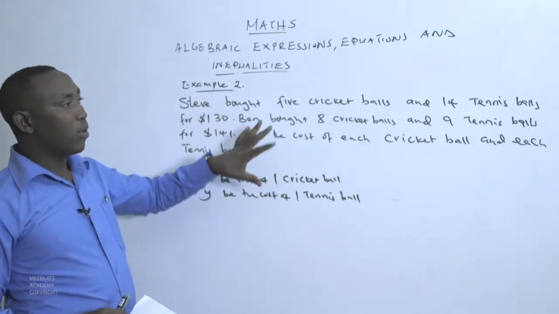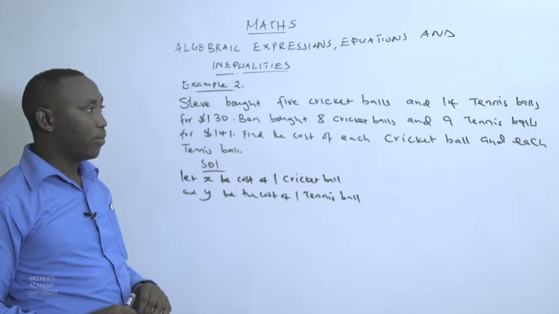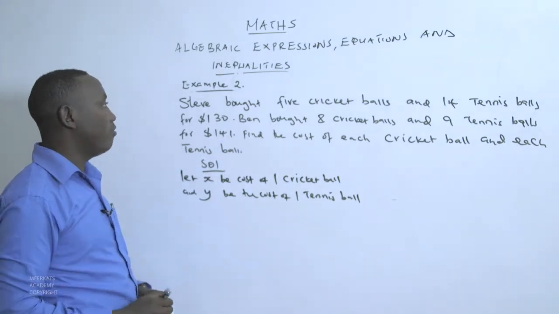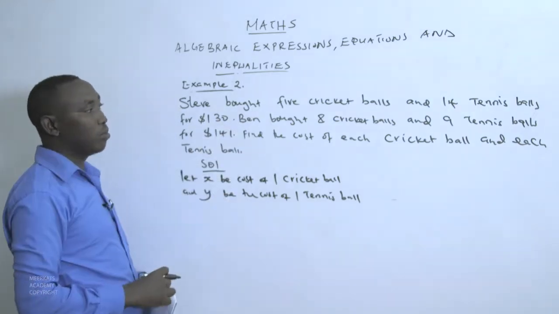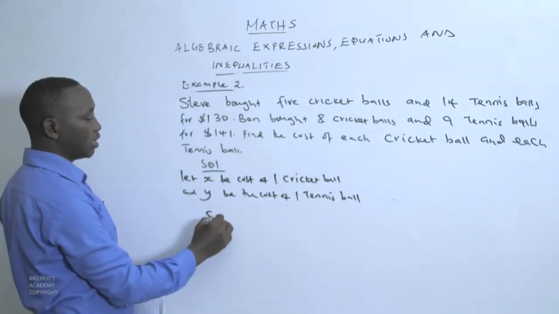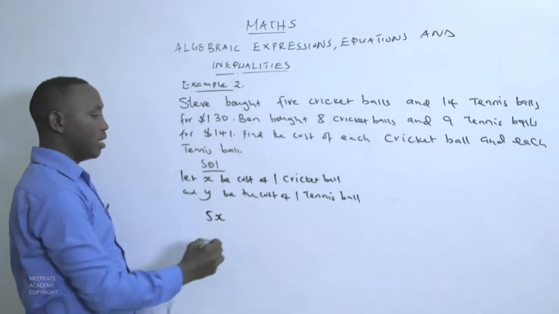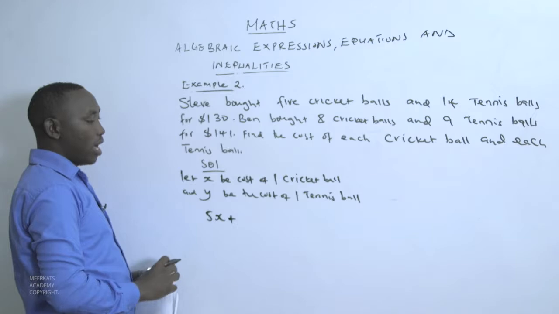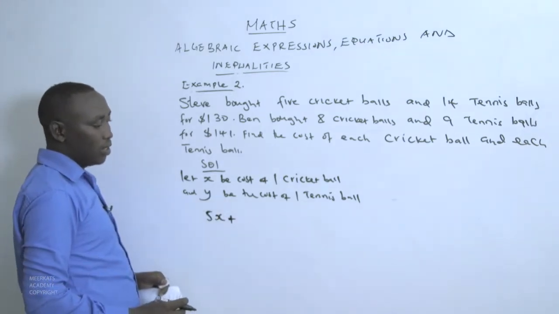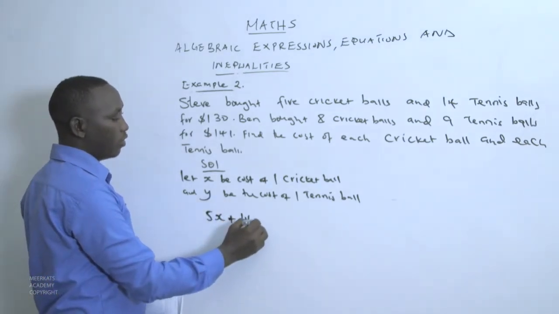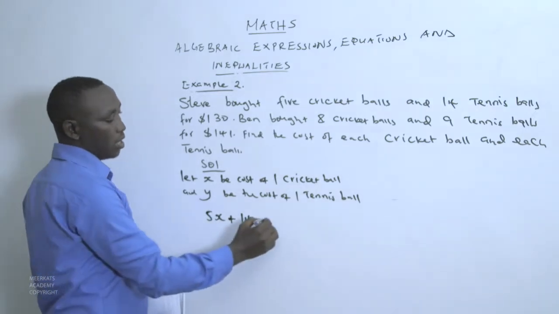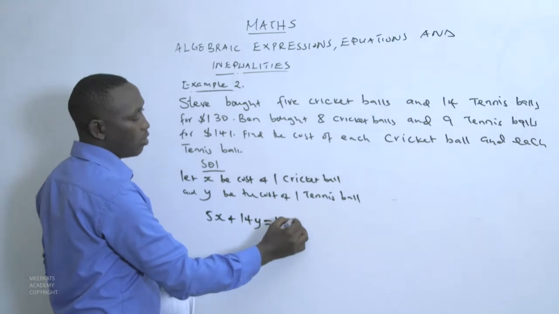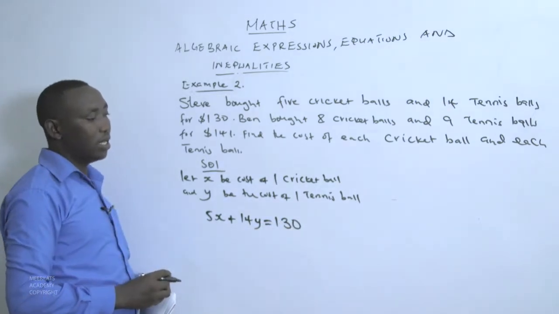The second step, we come up with a pair of simultaneous equations to represent this particular problem. You have been told that Steve bought 5 cricket balls. That means he spent $5x, plus he also bought 14 tennis balls, and each tennis ball is $y. So he'll spend $14y. The total cost that Steve will spend is $130.